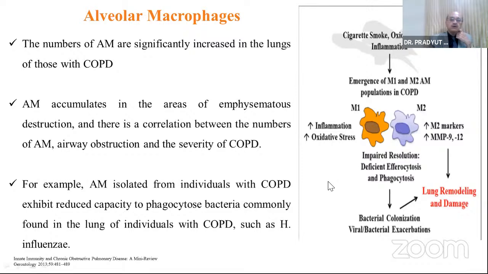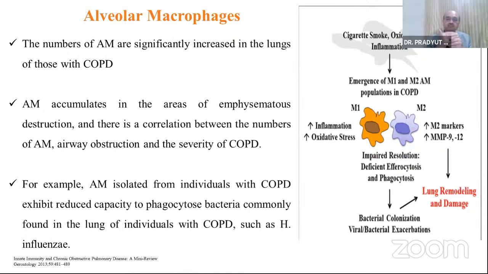Then we come to the next component, that is alveolar macrophages. And the alveolar macrophages in COPD, though they are increased in number, the macrophages which are produced in COPD are predominantly of the M1 and M2 type. Now these M1, M2 macrophages are developed due to the injurious effects of cigarette smoke, oxidative stress, etc. These macrophages, which are increased in number, do not have that much of a phagocytotic activity.